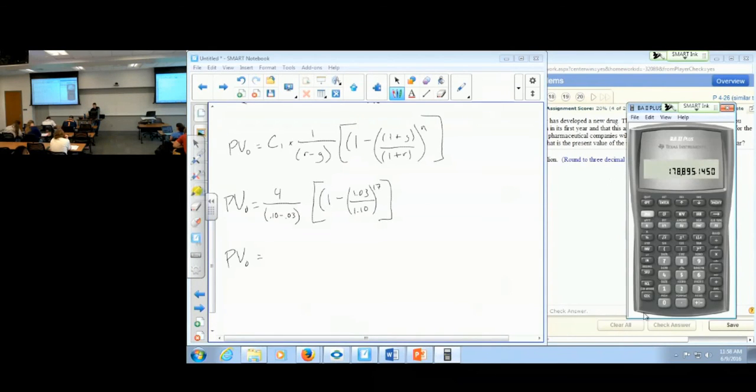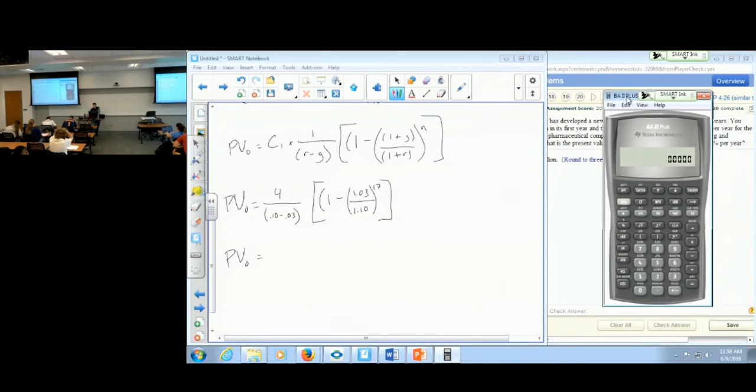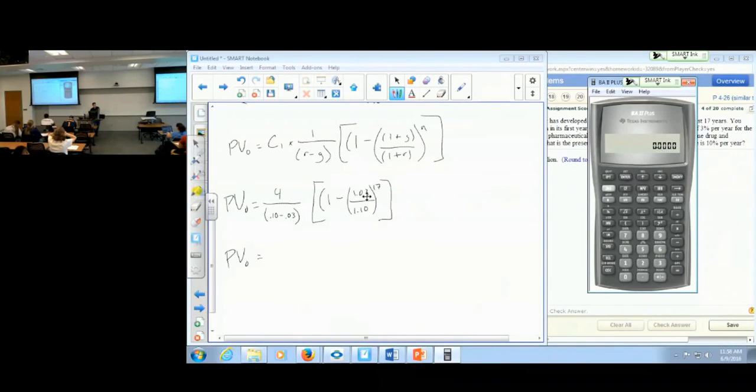Okay, I'm gonna work this one left to right, storing values as I go. Rounding errors, because we're using such tiny numbers and raising to such high exponents, are gonna crush you on this one, so we want to use stored values. Let's see, 4 divided by, if I want to make the calculator do this work for me instead of doing it in my head, I need to open parentheses, 1 minus 0.03, and close parentheses, and we'll do that subtraction for me.